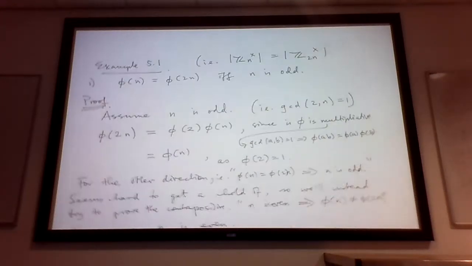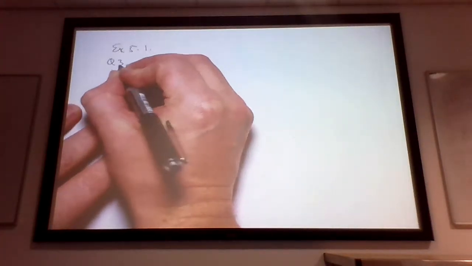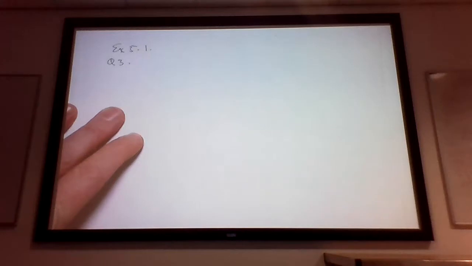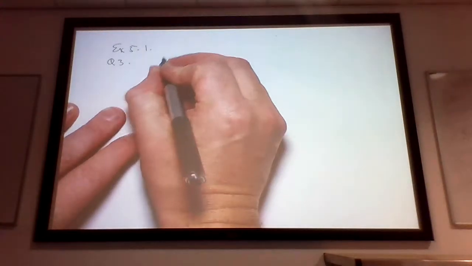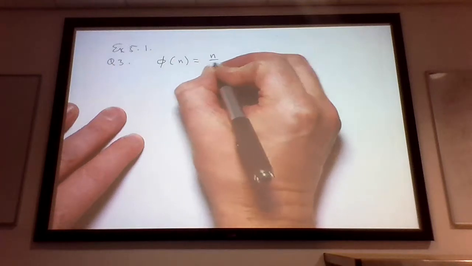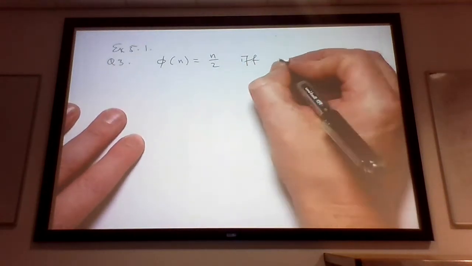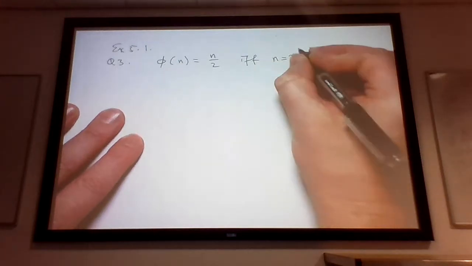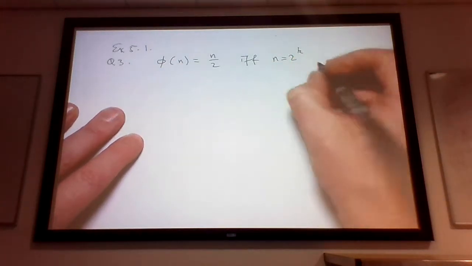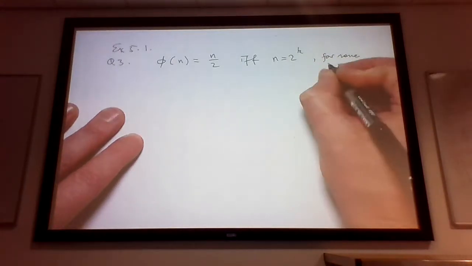Exercise 5.1, question 3. So phi of n equals n over 2 if and only if n has this very special form: it's 2 to the k for some k greater than or equal to 1.